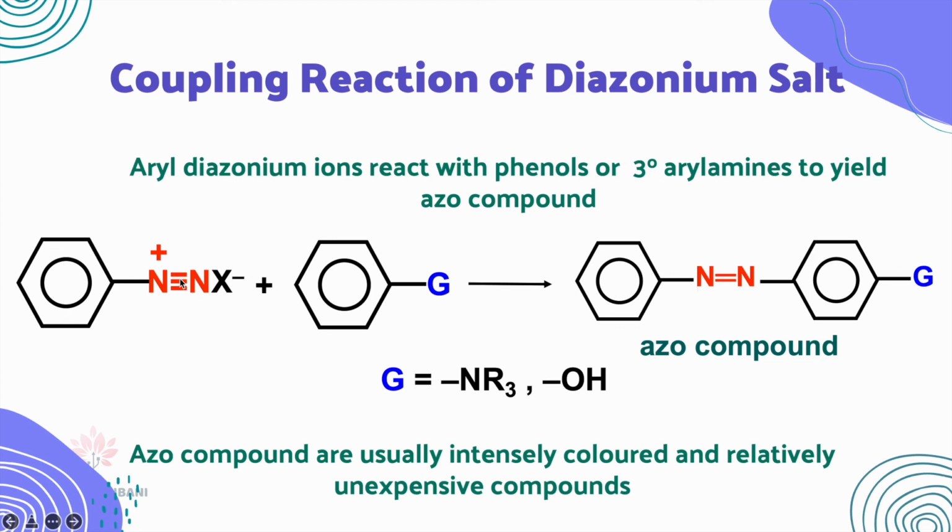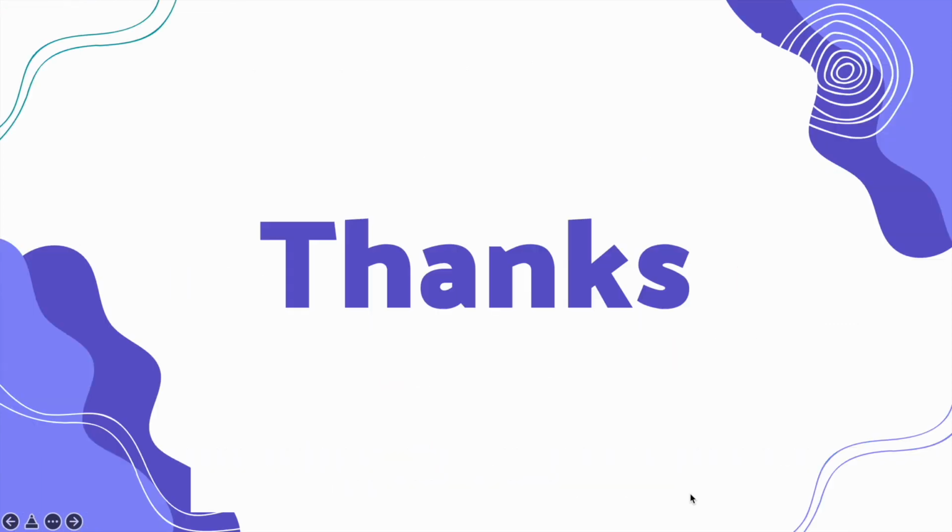This N triple bond N will become N double bond N. A new bond will form, so it becomes an azo compound. This N is bonded to this carbon, and the triple bond becomes a double bond. So this is an azo compound. Azo compounds are usually intensely colored and relatively inexpensive compounds. That's the final reaction for amines. Thank you.